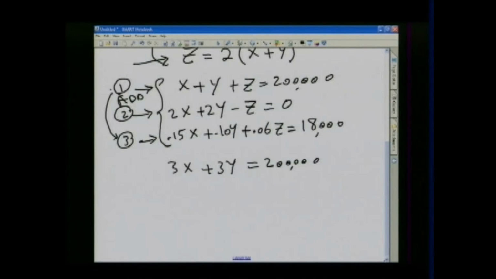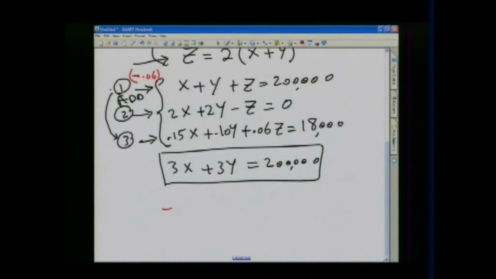So I'm going to write it down here. This is one equation I'm going to need. And the other one would be to multiply the first one by minus 0.06, which is the coefficient of z.